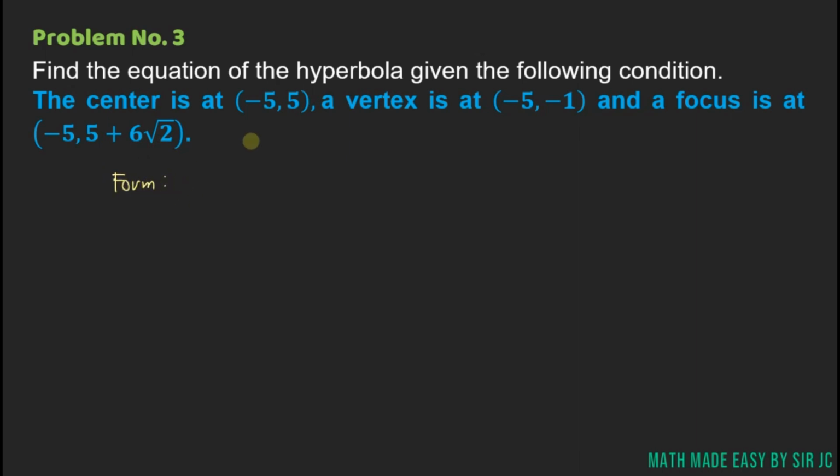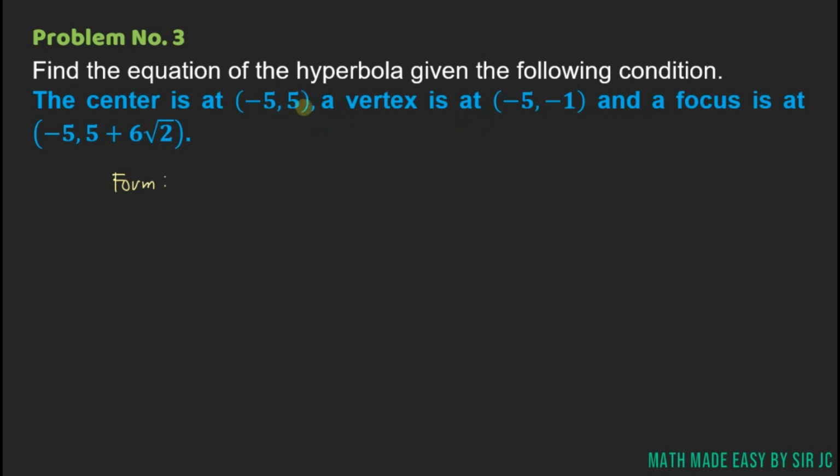I always remember that the center, the foci, and the vertices are all located on the transverse axis. As you can see, the center and the vertex have the same x coordinate, and different y coordinates. Therefore, we can identify the orientation of the transverse axis by this information.